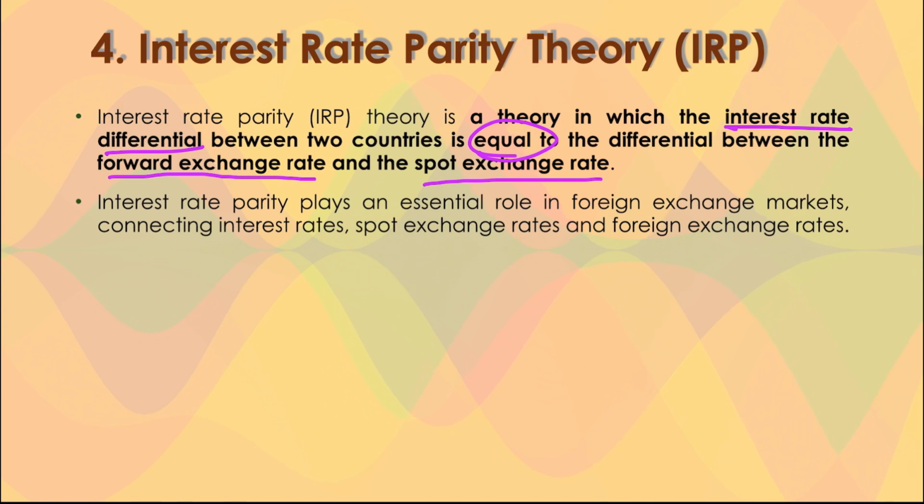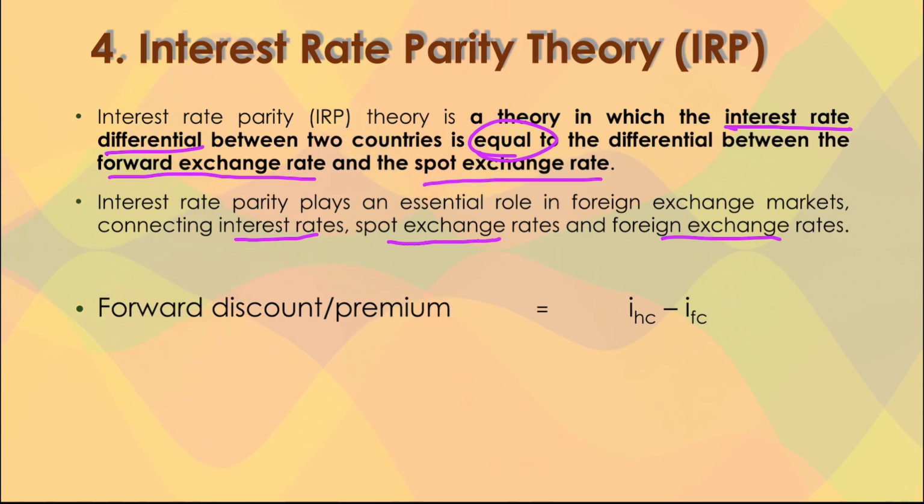Okay, can you see the difference between this theory and the previous theories? So here, interest rate parity plays an essential role in the foreign exchange market, connecting interest rates, spot exchange rates, and forward exchange rates.